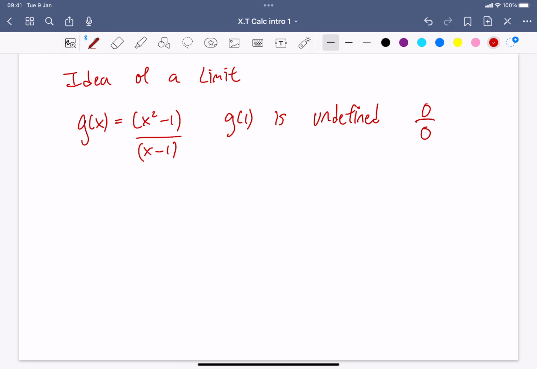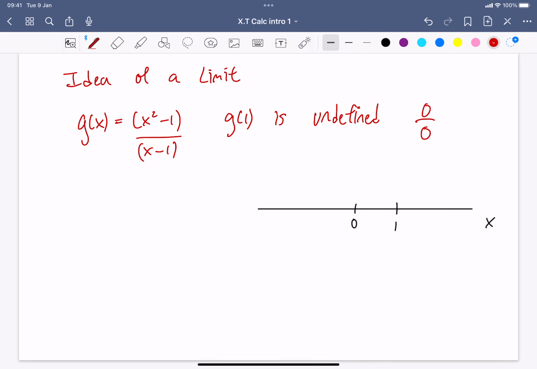But we're going to ask, what does g of x do as x gets very close to 1 from both sides? So you can think about some number line, where we set this as 0 and this as 1. We know at 1 it's undefined, it doesn't exist.